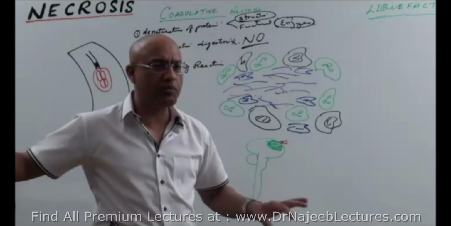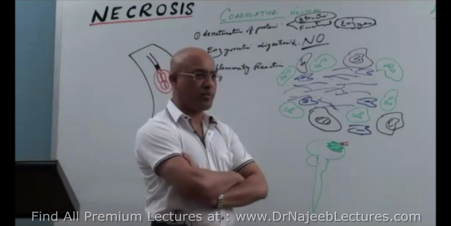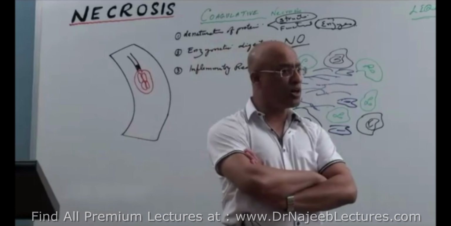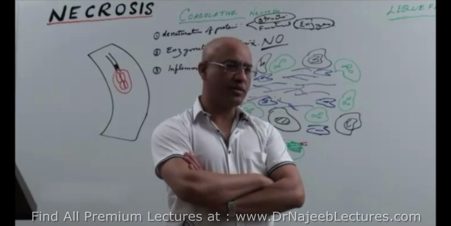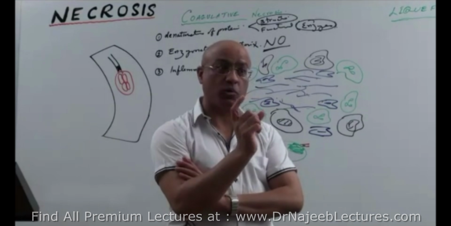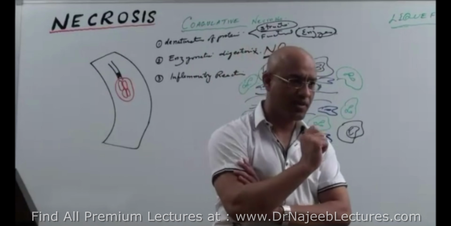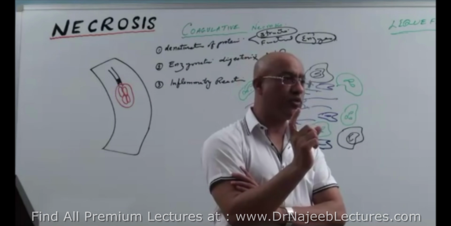Right? So all these things are put forward, but one thing is very important: severe ischemia or hypoxia to almost all tissues of the body produces coagulative necrosis. Is that right? A localized area of coagulative necrosis is called an infarct.